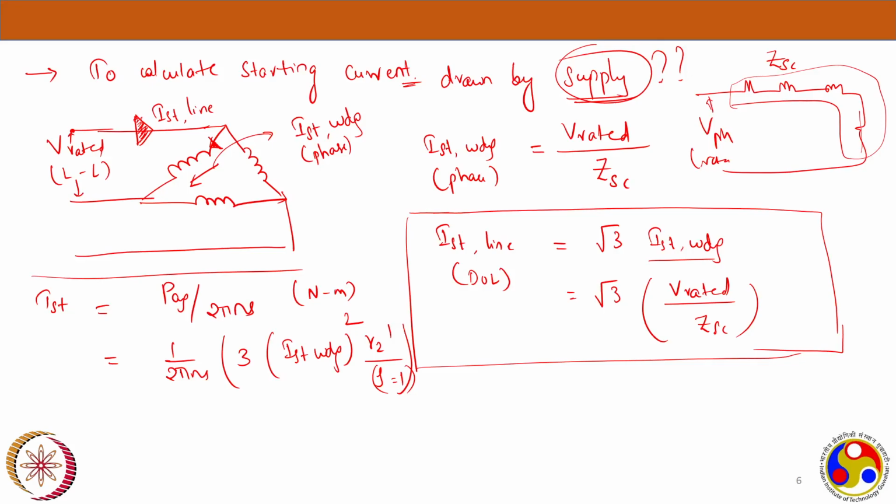So I am writing directly the starting torque in the DOL method would be 1 by 2 pi ns times 3, substituting I start winding, which is equal to V rated by ZSC, whole square multiplied by R2 dash. So this is the starting torque in the DOL method.